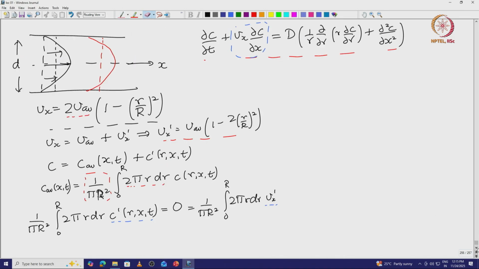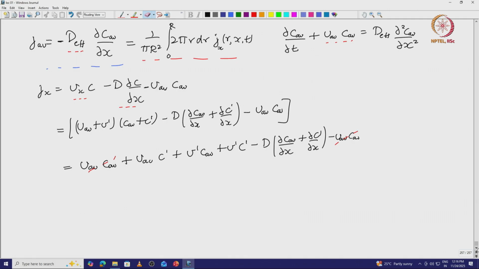So, on account of that, we can also neglect partial c prime by partial x compared to partial c average by partial x.